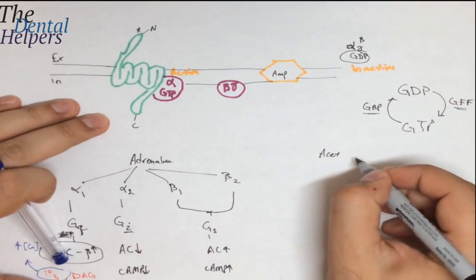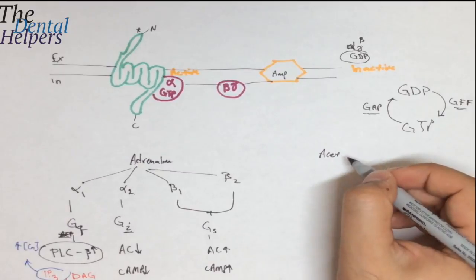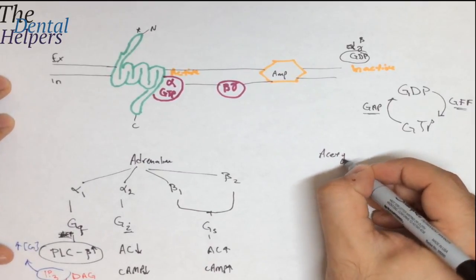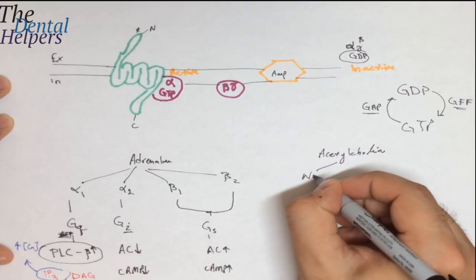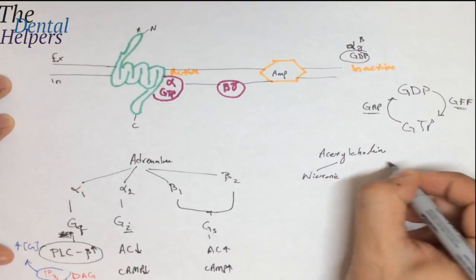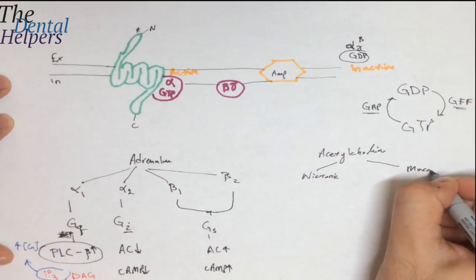And the acetylcholine pathway actually takes two routes. The acetylcholine, we have our nicotinic receptors, and then we have our muscarinic.